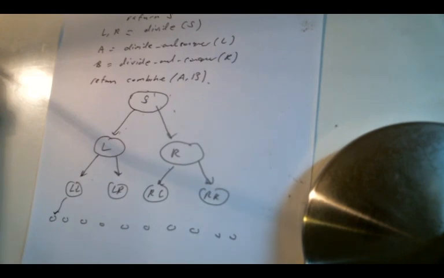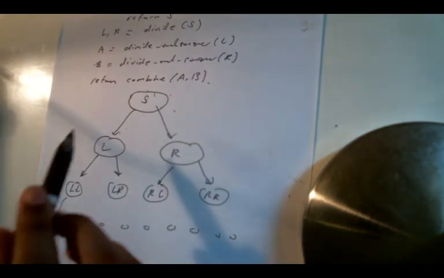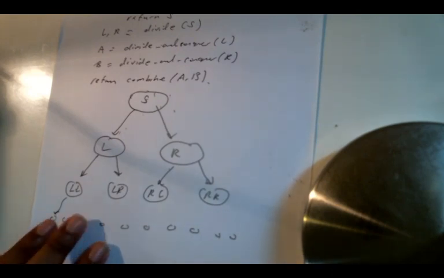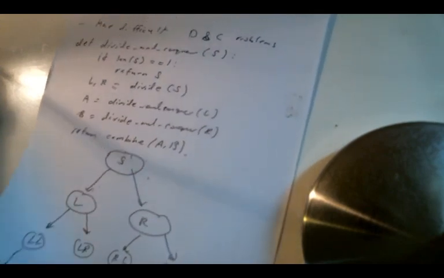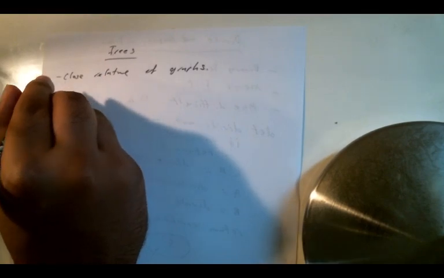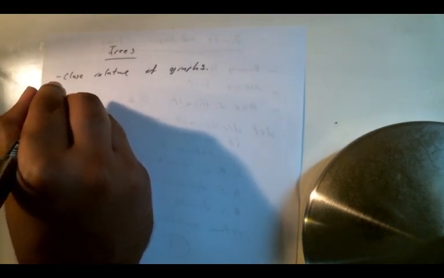Now, what this looks like is kind of like a tree sort of structure, right? So let me introduce you to the tree. So the tree is the close relative of the graph. Trees are essentially a type of acyclic graph.